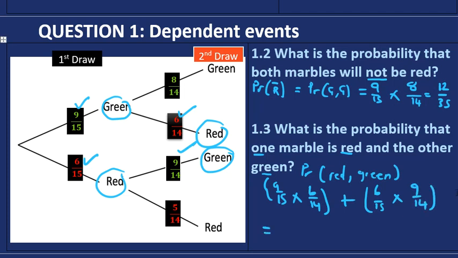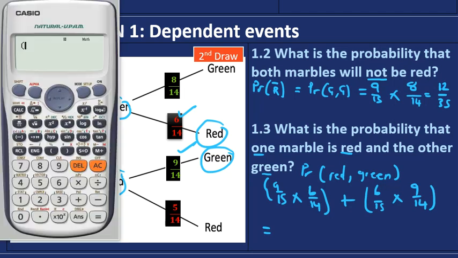And of course, you go to your calculator to work it out. And the solution is 18/35.